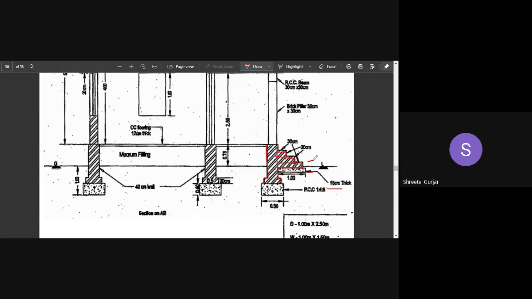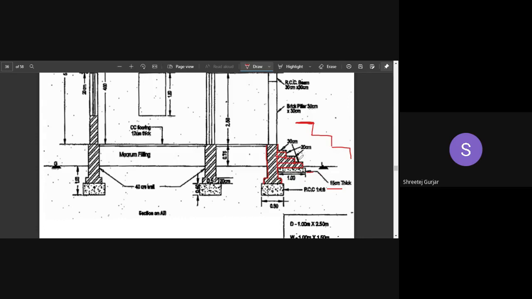Considering the dimensions given for the steps, it is 30 centimeter tread and 20 centimeter height, 30 centimeter tread and 20 centimeter height, and so on. That is what they have given over here.